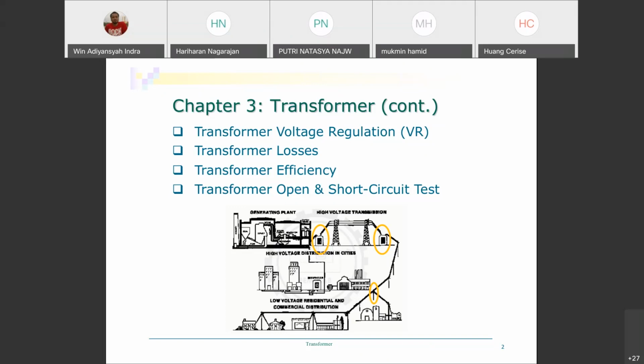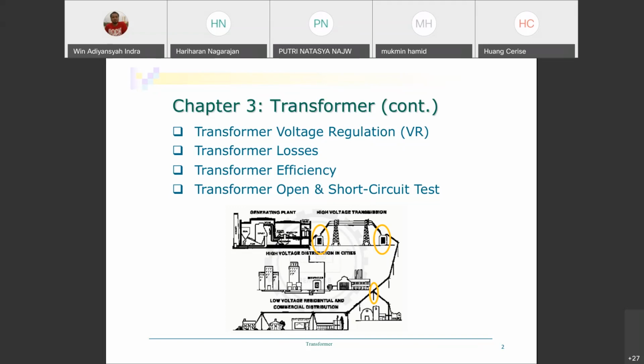So the voltage sent from the TNB's office or generator supply is not going to be the same at the residence. So in order to increase the voltage value, they must use a transformer.